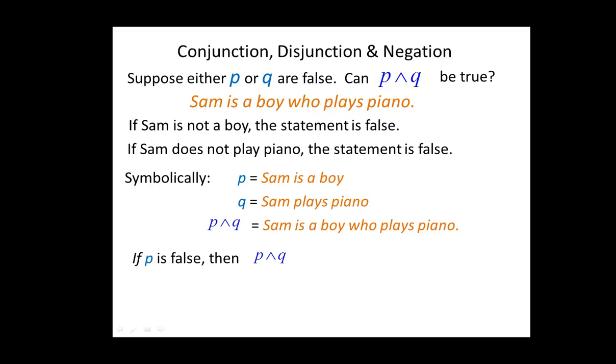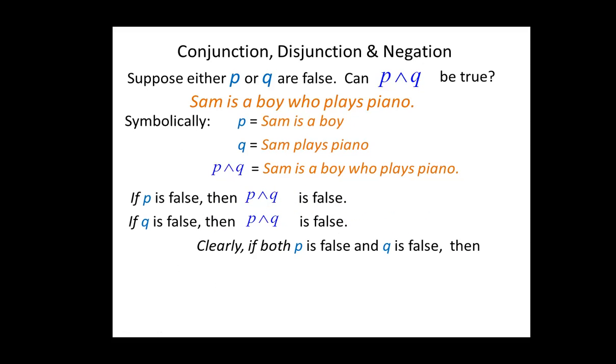So if one of the components is false, in other words, if P is false, then P and Q is false, and similarly if Q is false, P and Q is false. And surely if both P is false and Q is false, then P and Q will be false. We're ready to define this conjunction.